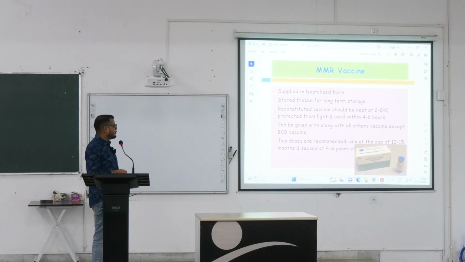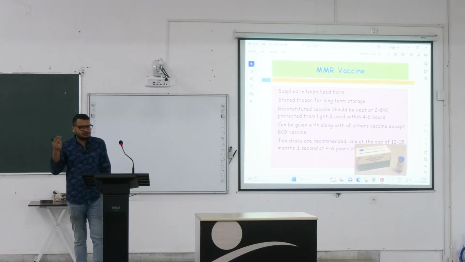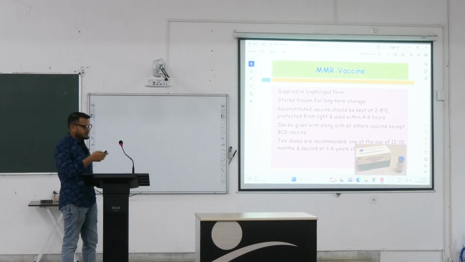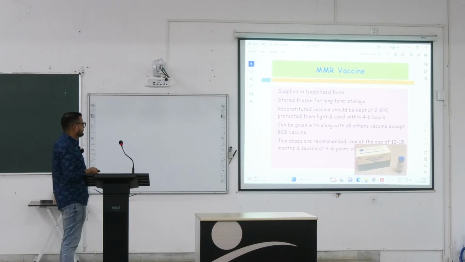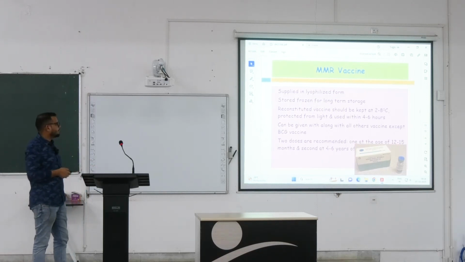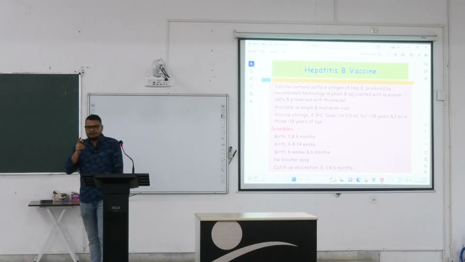Can be given along with all other vaccines except BCG. There is no question of giving it with BCG because as per the immunization schedule, BCG is given much earlier and MMR much later. 2 doses are recommended, one at the age of 12 to 15 months and second at 4 to 6 years.